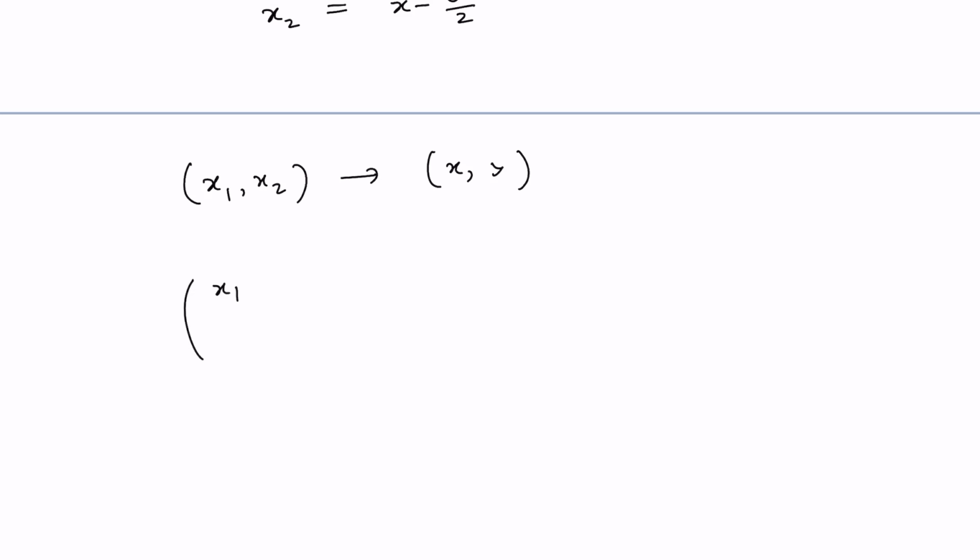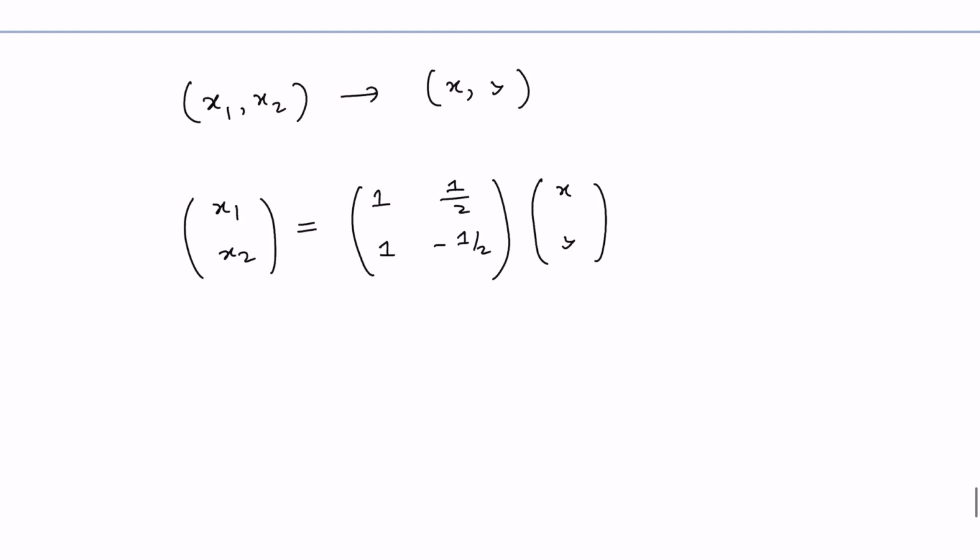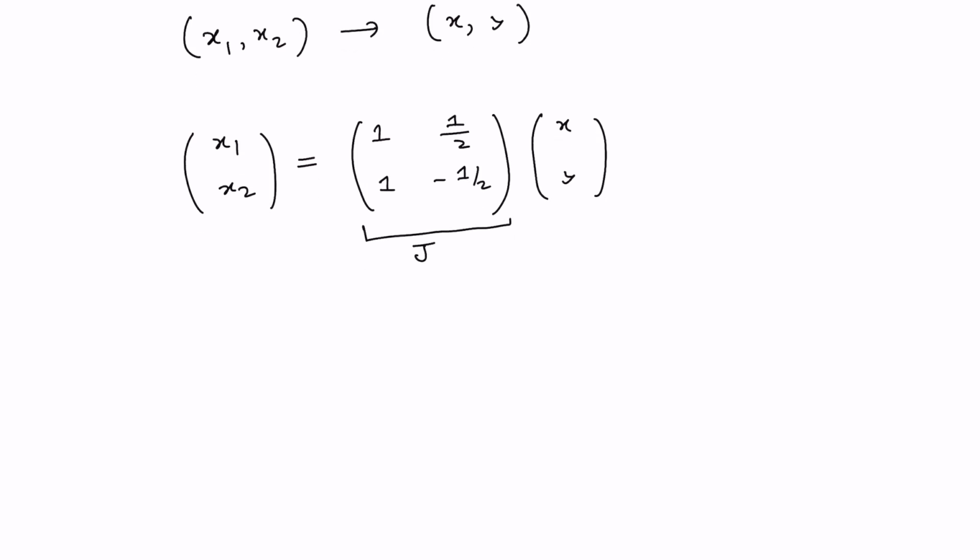So we have x1, x2 related to x and y by this transformation equation. So you have 1, 1/2, 1, −1/2, and this is the Jacobian. Now if you look at the determinant of this Jacobian, J of x, y, this is going to give you −1/2 − 1/2, so the magnitude is simply 1.